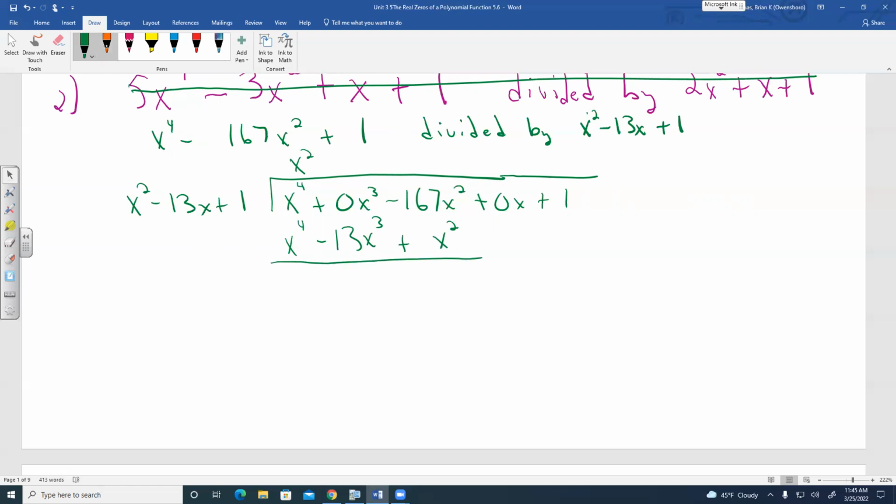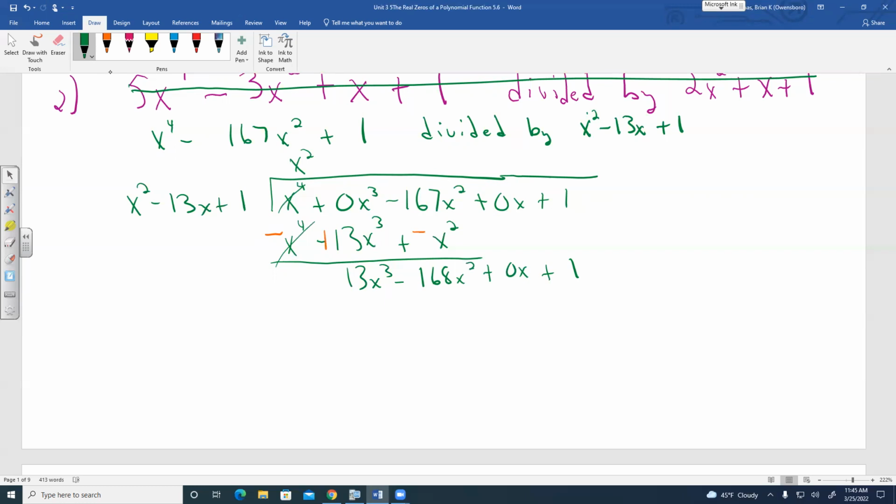When I subtract, I'm actually going to change the signs and add. So the x to the 4th and the negative x to the 4th cancel out. We have this 13x to the 3rd, and then a negative 168x squared. That's a freaky number. We'll bring down this plus 0x and this plus 1 before I forget about them. They get too far up there and I may forget to bring them down.